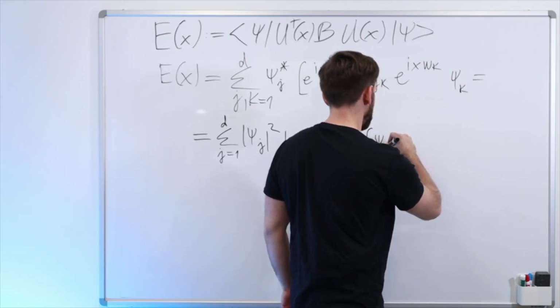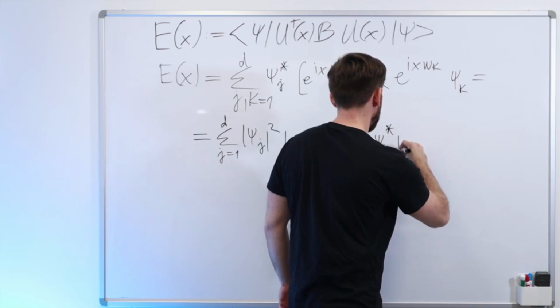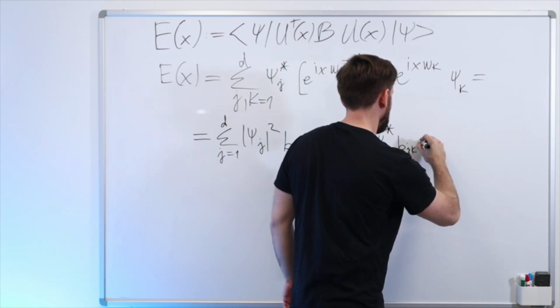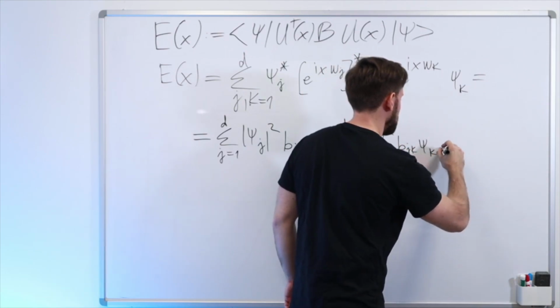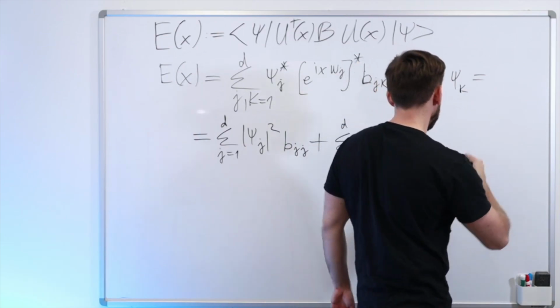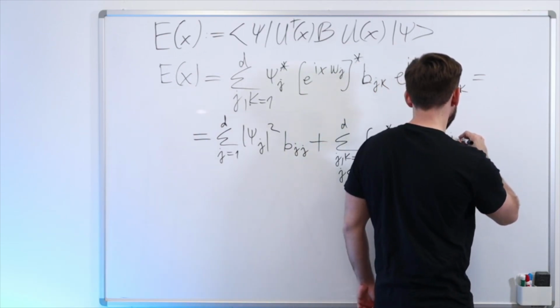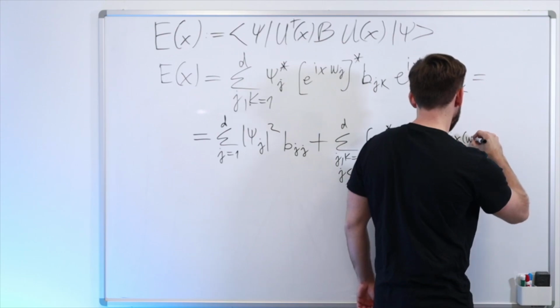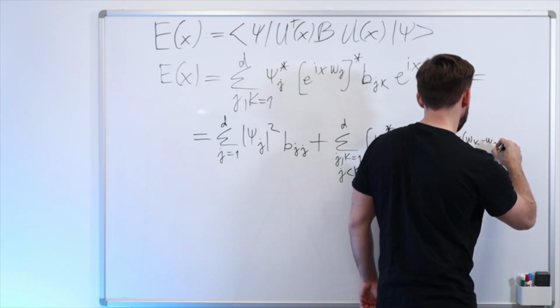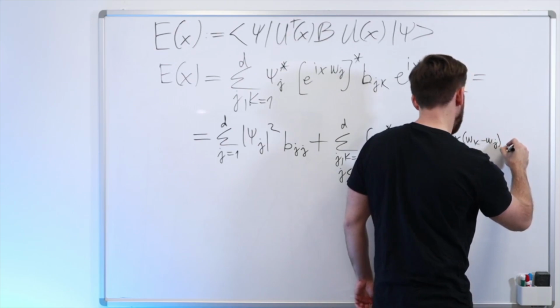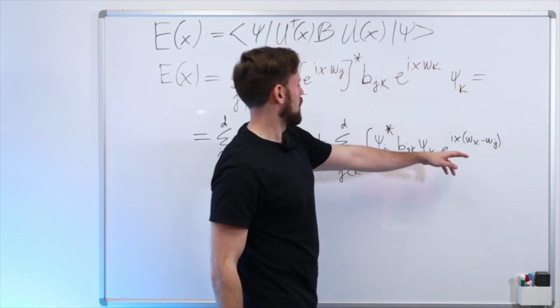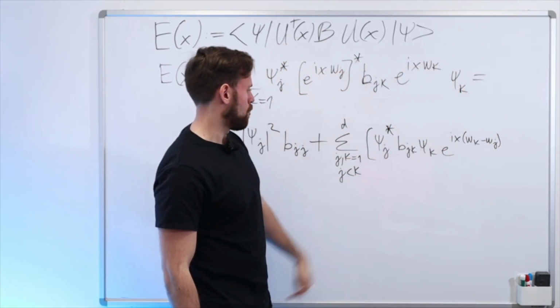So we will have psi j conjugate times b jk times psi k, and we have the x-dependent term, which is going to be e to the power of i x times omega k minus omega j, where we have performed the conjugation from there.